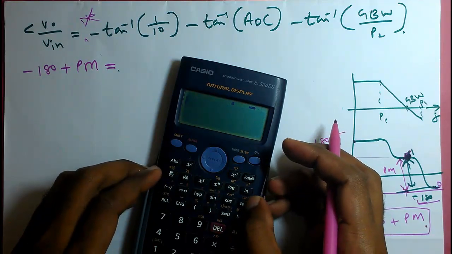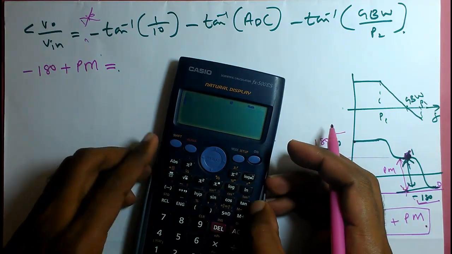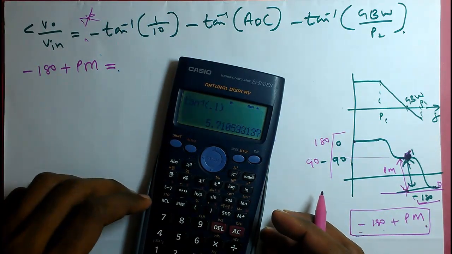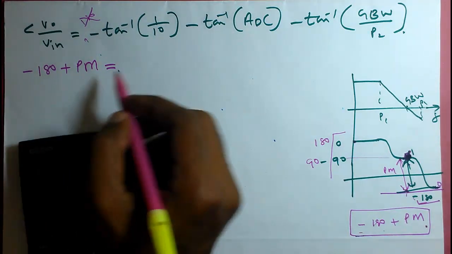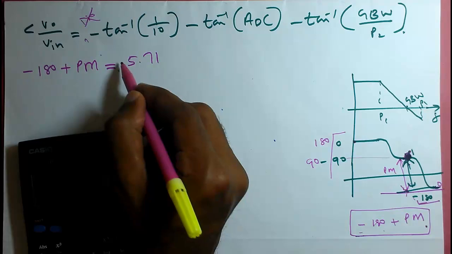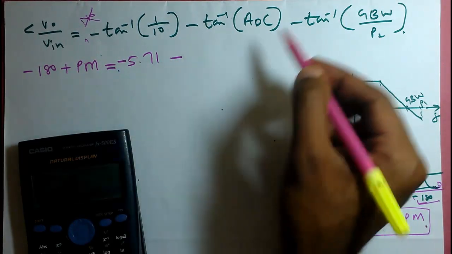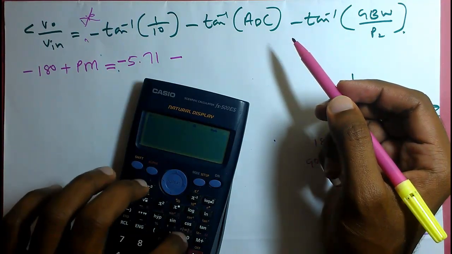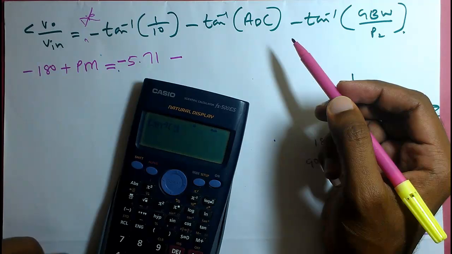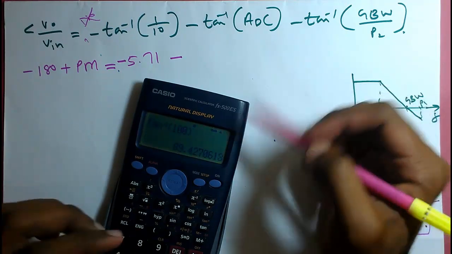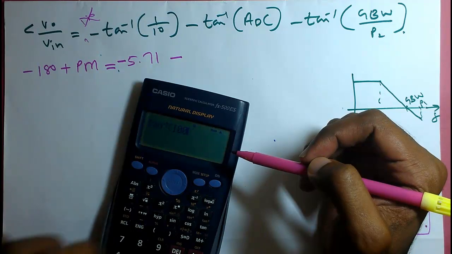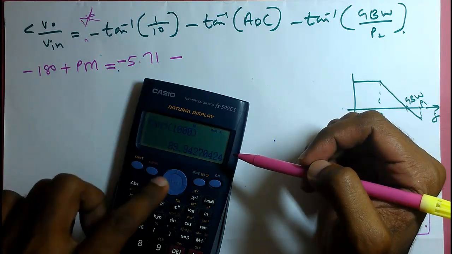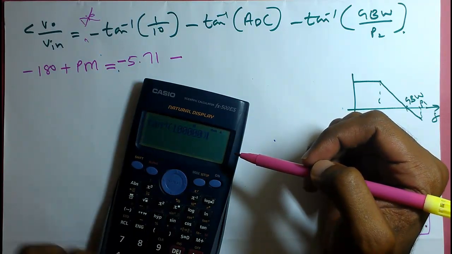tan inverse 0.1 is 5.71, so it's minus 5.71, minus tan inverse of the DC gain. DC gain is generally a higher value. Let's calculate: suppose the DC gain is just 100, then tan inverse is 89.42. If the DC gain is 1000, and generally it will be higher than 1000, it is 89.94. The maximum value that tan inverse can go to is 90 degrees.